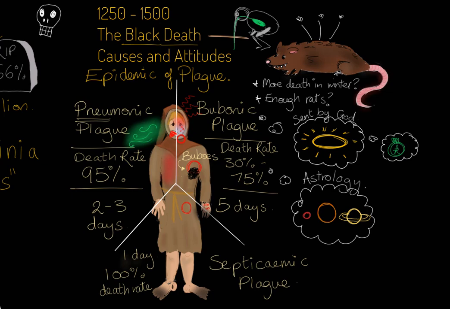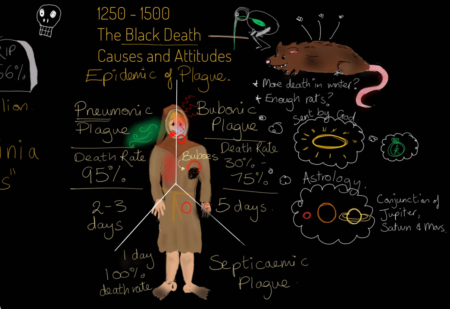So some people said that it was the conjunction, that's what it's called, of Jupiter, Saturn and Mars that had made the plague happen. So there were some supernatural explanations for the plague.